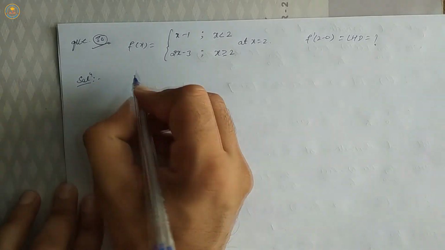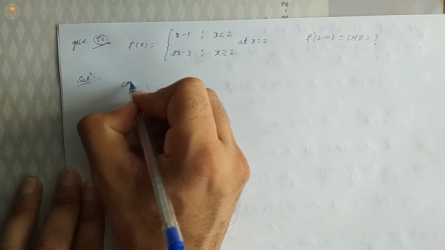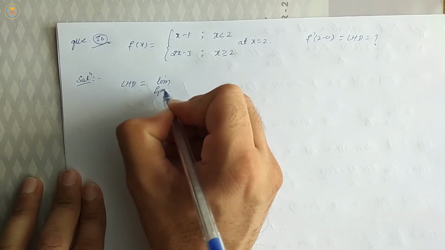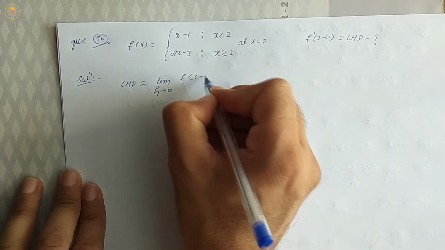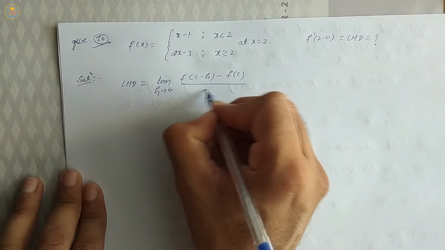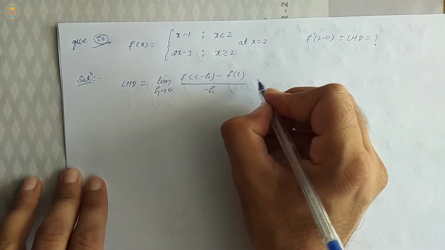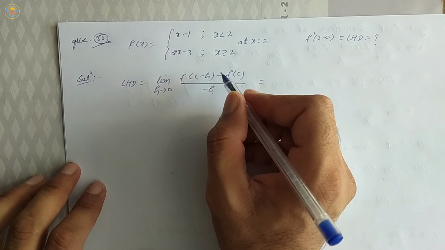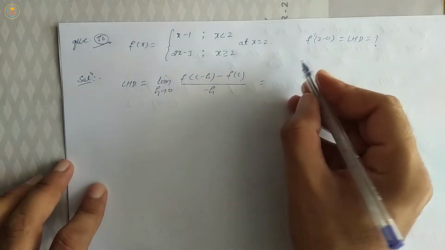Solution: LHD is equal to limit h tends to 0 of f(c - h) minus f(c) by minus h. Okay, x is equal to 2, it means c is equal to 2.